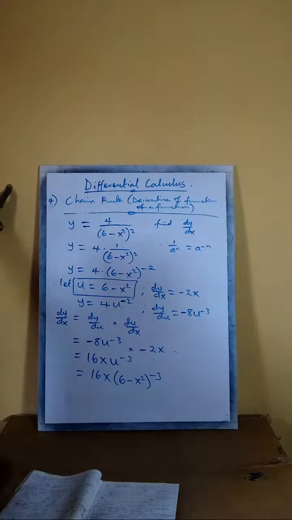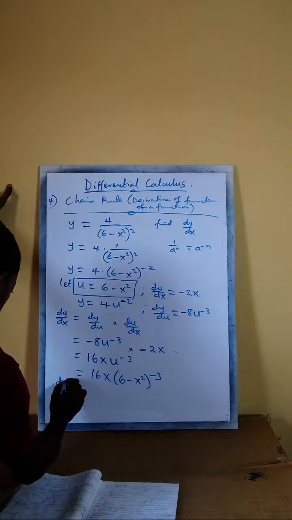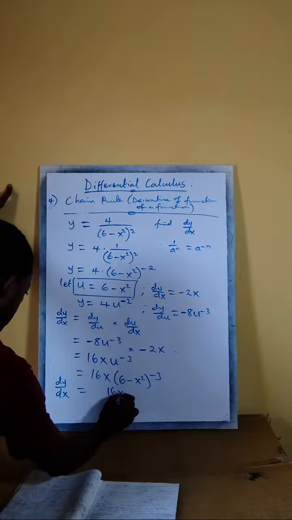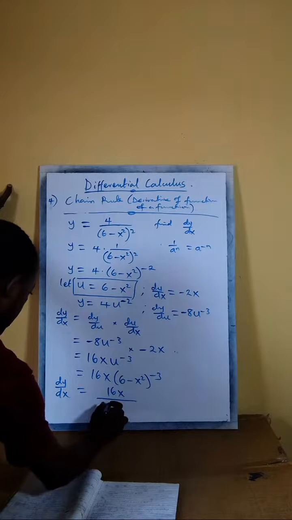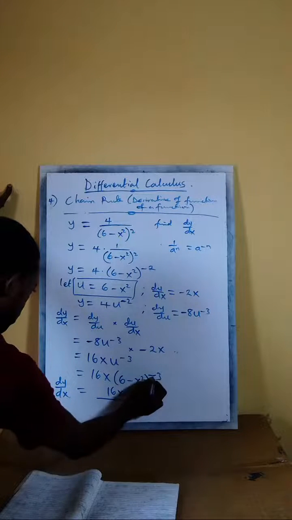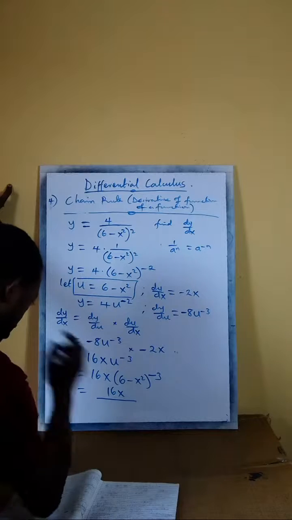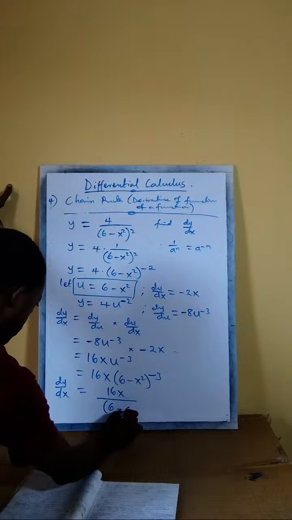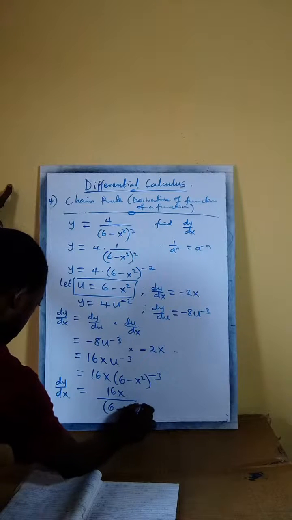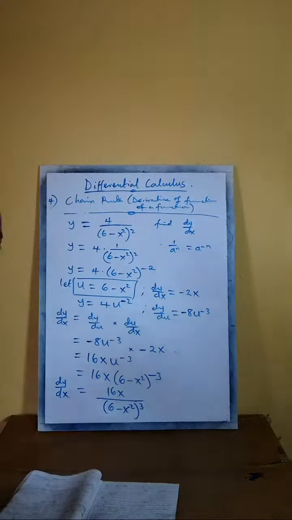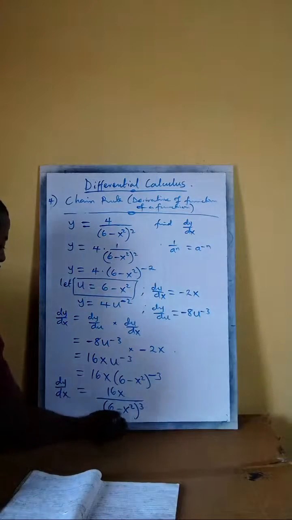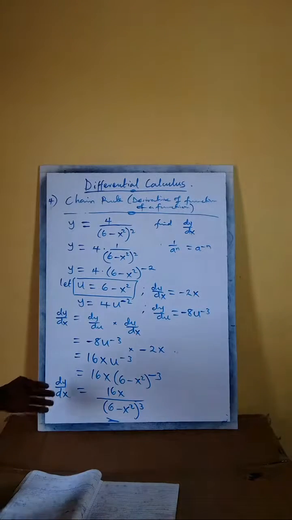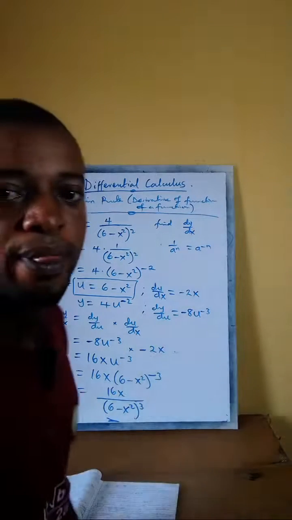So we can write the final answer: dy/dx equals 16x over (6 minus x squared) raised to power 3, where the minus has been used as a reciprocal. So here we have the derivative of this function using the chain rule.